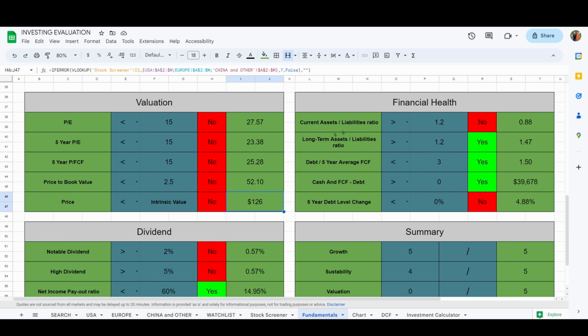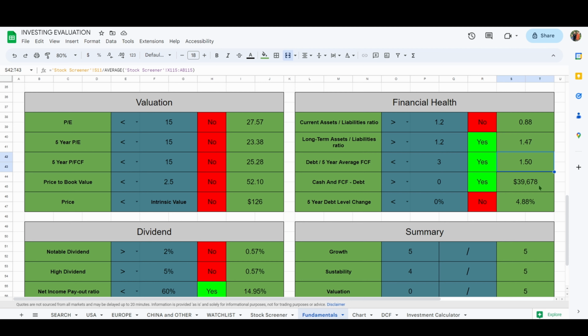Now, the financial health. This is the current amount of assets to current amount of liabilities ratio. We want to see this number above 1.2 because we basically want to know that the company has a lot more current assets than liabilities. Same with long-term liabilities. And next, we want to see the debt divided by the 5-year average free cash flow. So this is basically in how many years' worth of free cash flow will they pay their debt.